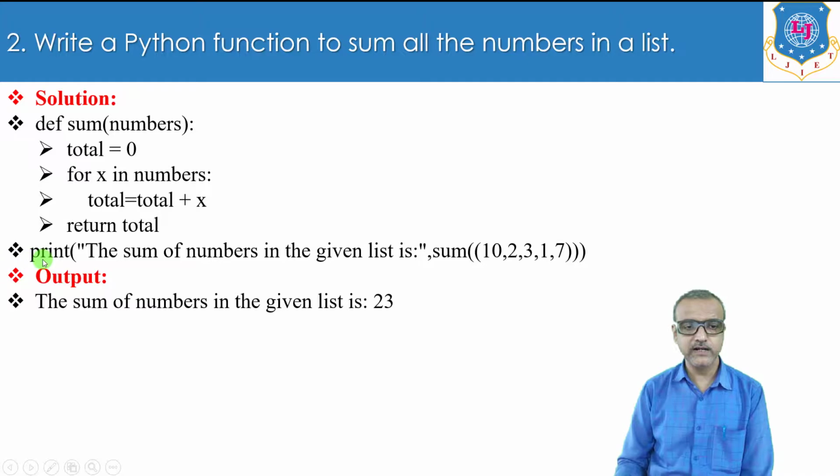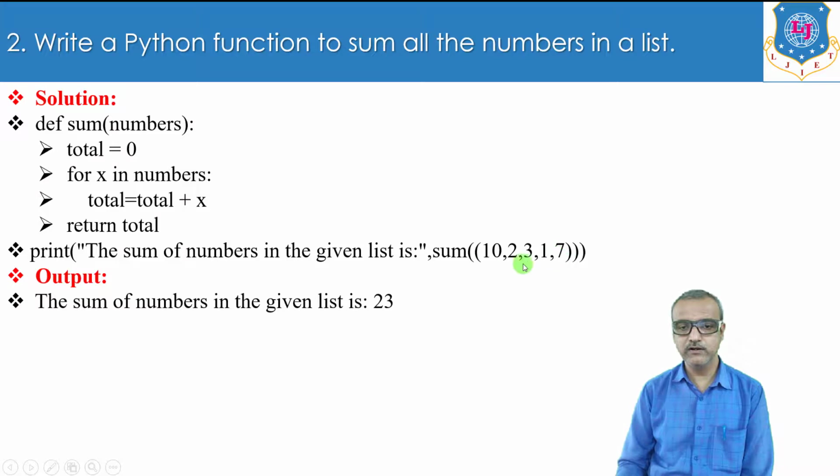At last we will write down this print statement: print the sum of numbers in the given list is, comma, and here we are calling the function name sum and we are giving the numbers, that is 10, 2, 3, 1, 7.